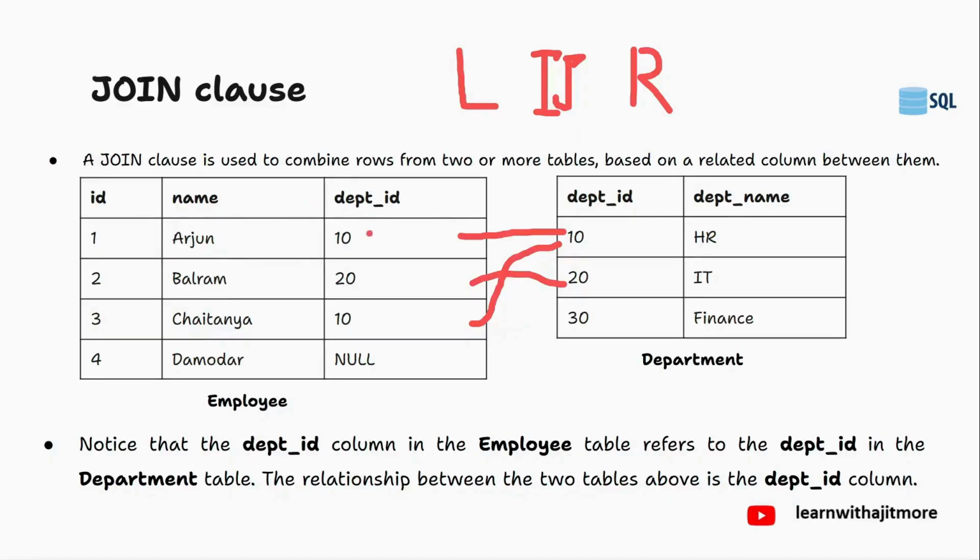So here 1 Arjun 10, 10 is related to 10, therefore 10, 10 HR. 2 Balram 20, 20 IT, and 3 Chaitanya 10, 10 HR. This 30 Finance won't come because 30 is not related here. And 4 Damodar won't come because null is not related here.